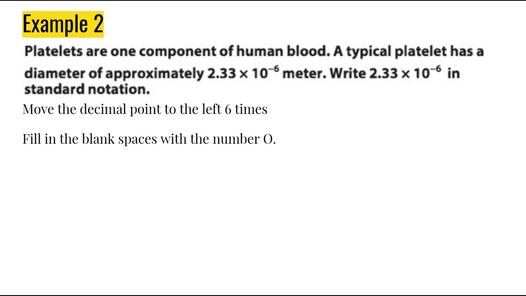So I start by writing my number out, 2.33. Okay, and my negative 6 tells me I'm going to move 6 places to the left. So I start from my decimal. I go 1, 2, 3, 4, 5, 6.